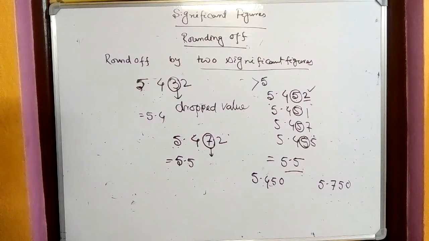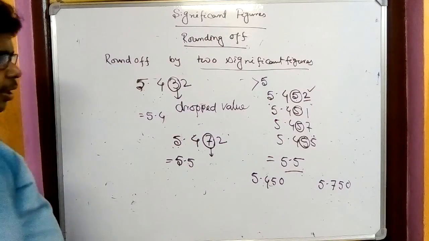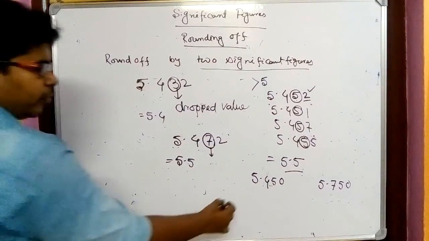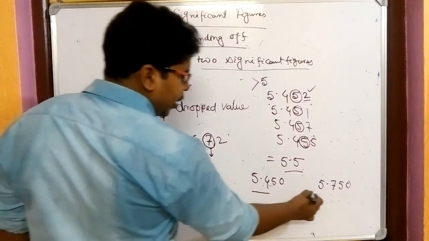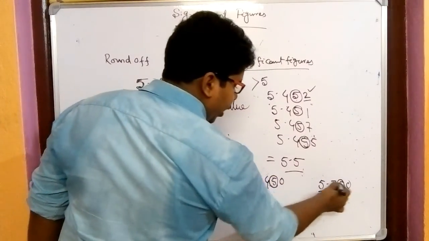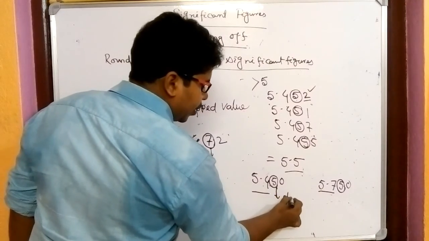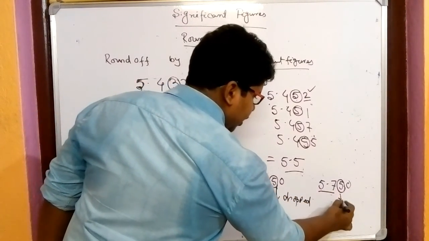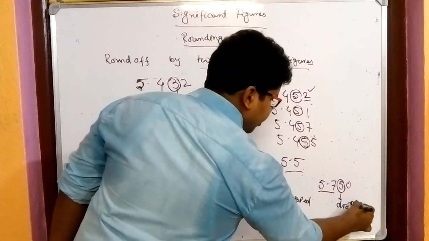In this case, the law of rounding off is little bit of change. Here we are talking about two significant figures. So two significant figures is 5.4 here and 5.7 here. This 5 and this 5 both are drop digit.